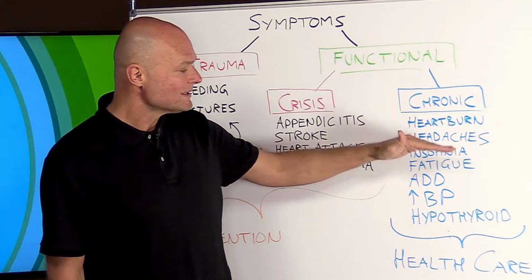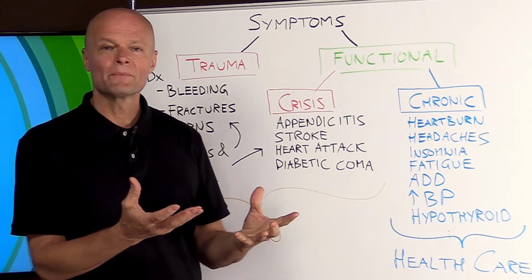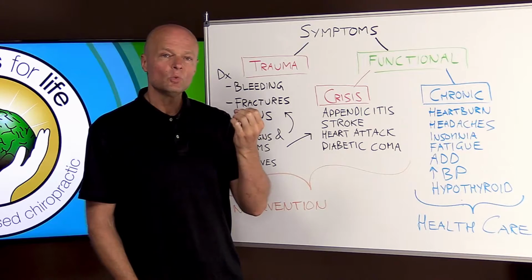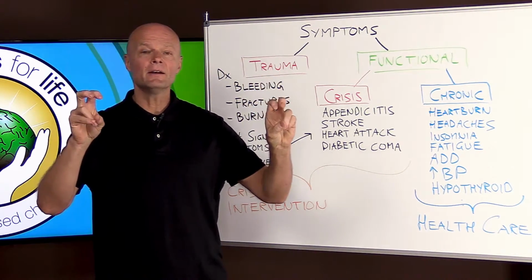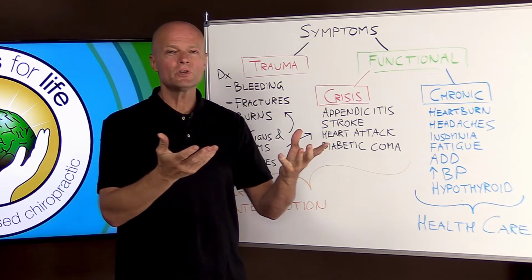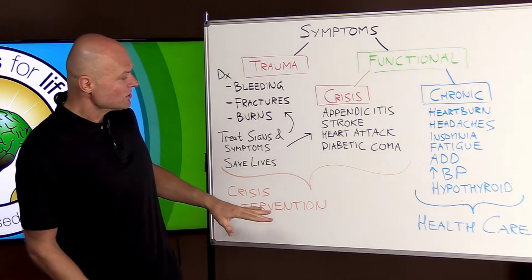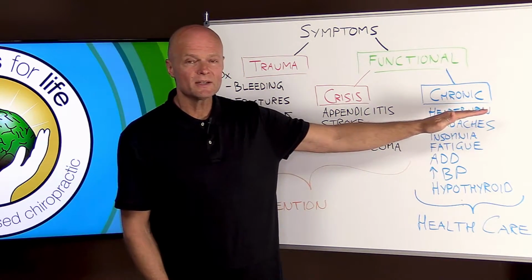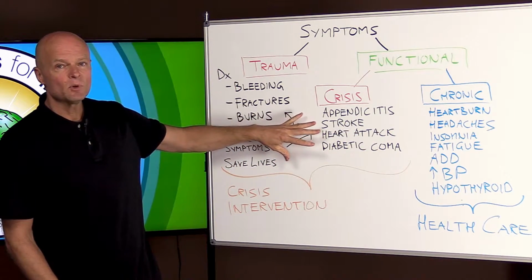The only thing to make this better long term is to listen to the body and to restore the health. So it's not about right or wrong, it's knowing when we need to do one or the other. And we need to understand that the thing called health care is not really about health care. Most of our society's money is actually spent on treating this category with drugs and surgery when it's completely inappropriate, and the crisis category is a very, very small portion.